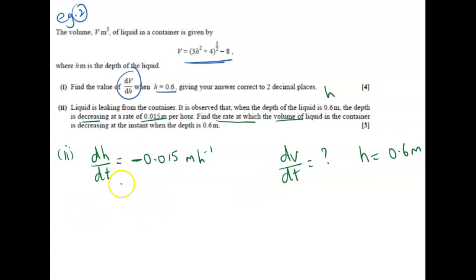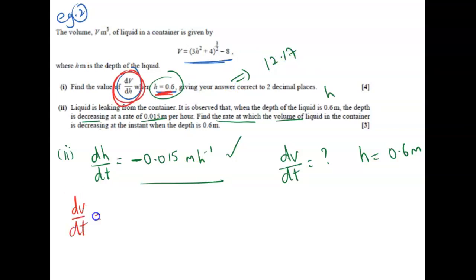So how do we do this? We know this value here, and we also know what dV/dh is when h was 0.6. It ended up being 12.17. We need to find dV/dt. We know dV/dh, so we can use it, and we also just found dh/dt, so we can use this too.